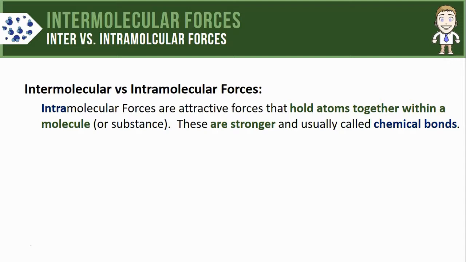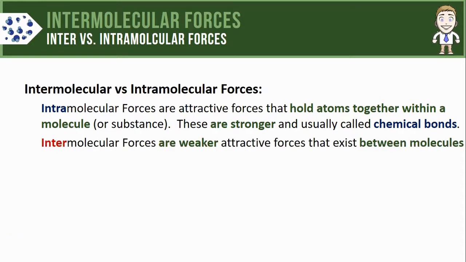These forces tend to be much stronger and are usually simply called chemical bonds. The other type of attraction, the intermolecular forces, are weaker attractions that occur between separate molecules. So if you imagine a molecule A and a molecule B and what might cause them to be attracted to each other, then you're talking about intermolecular forces.